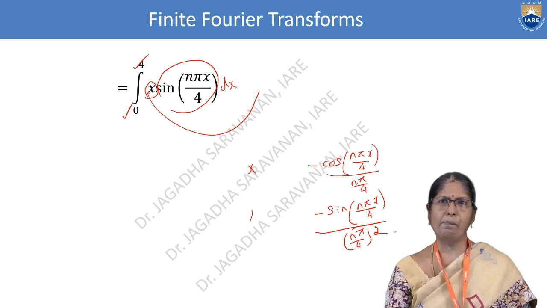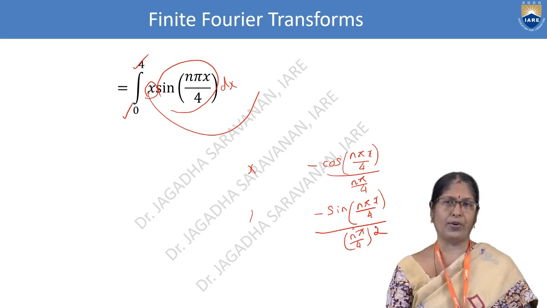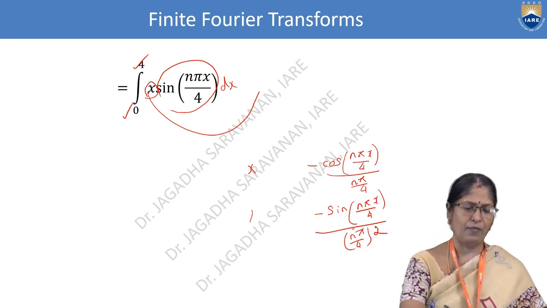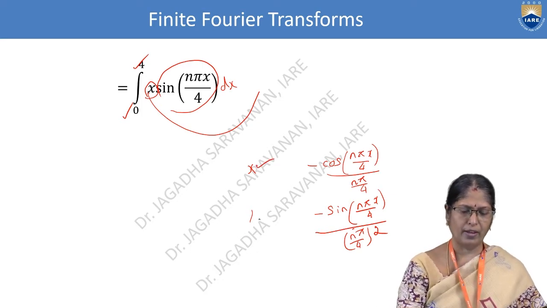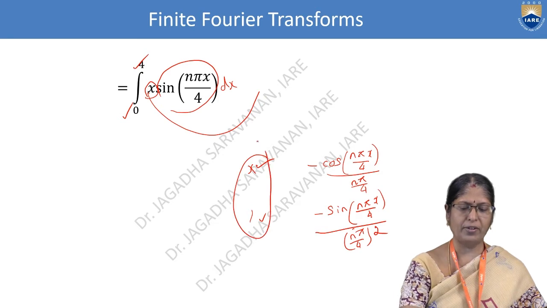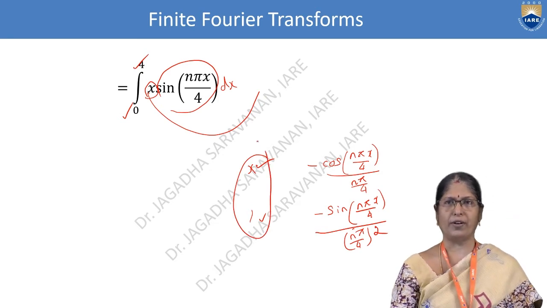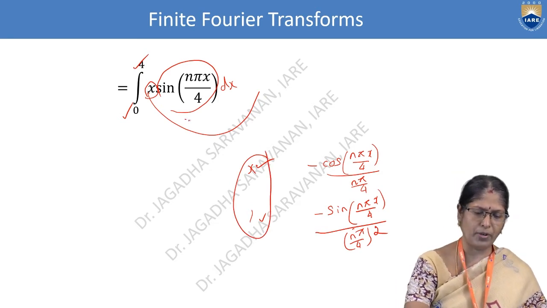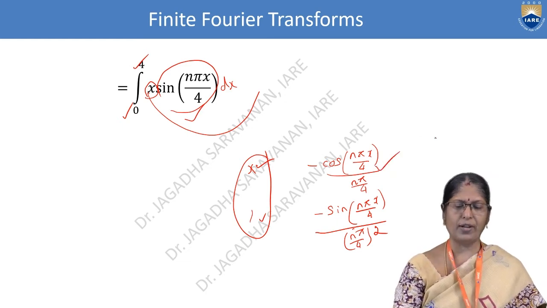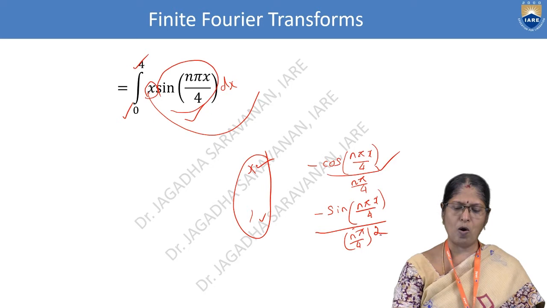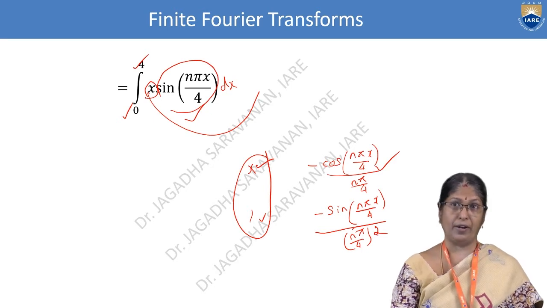This is a very simple technique of integration: if the algebraic part comes, we do complete differentiation, and the trigonometric part we integrate, writing it and continuing the integration.